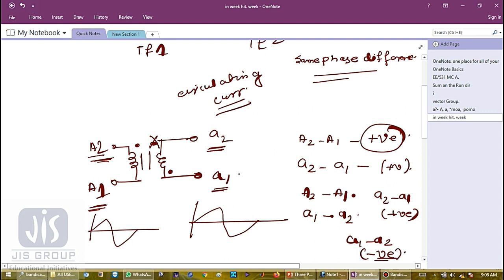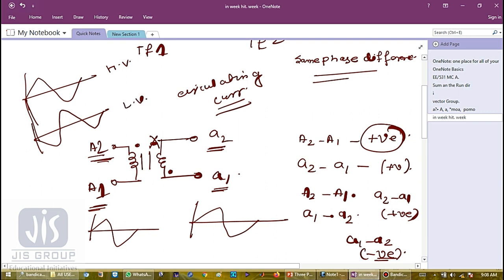So in that case, if this is the waveform of the primary side, this is the waveform of the secondary side. Look, there is a 180-degree phase difference between this high voltage and low voltage side.